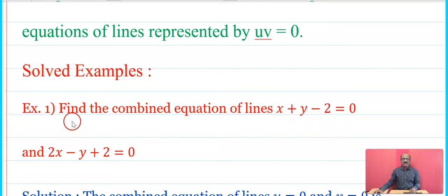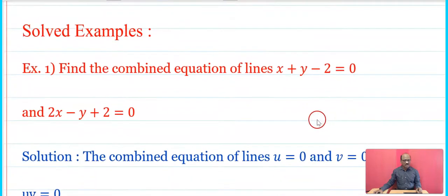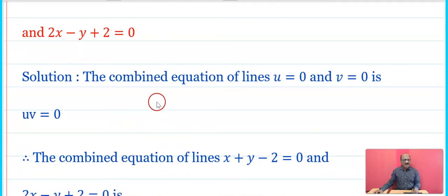Very interesting. Find the combined equation of the lines x plus y minus 2 is equal to 0 and 2x minus y plus 2 is equal to 0. The combined equation of the lines u equal to 0 and v equal to 0 is u into v equal to 0.